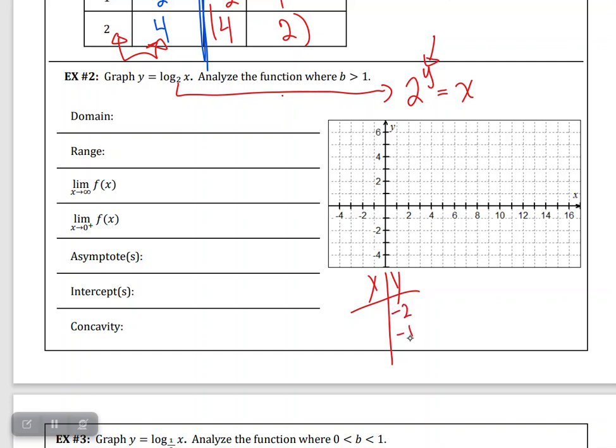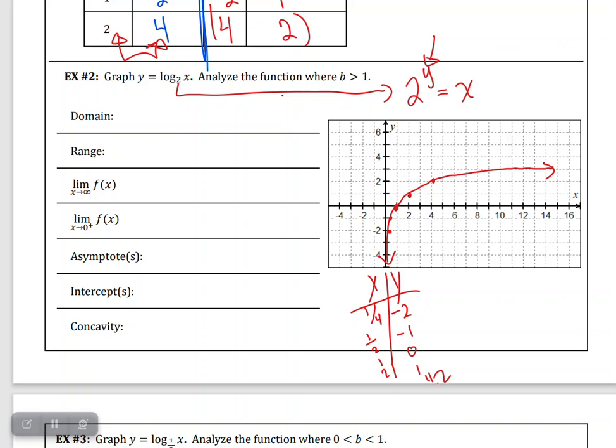So we'd put in -2, -1, 0, 1, 2, and plug them in. So this would be 1/4, 1/2, 1, 2, and then 4. I ran out of room. When I put that in, it looks like this. I'm just plotting these points and seeing what happens, and it swoops like this.